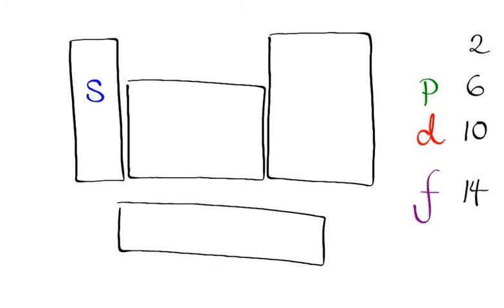So the block on the left hand side, which is the group 1 and 2 metals, is 2 elements across. The block on the right hand side is 6 elements across. The transition metals 10, and then down at the bottom we have the lanthanides and actinides 14. So the number of electrons matches the number of elements in those particular blocks.